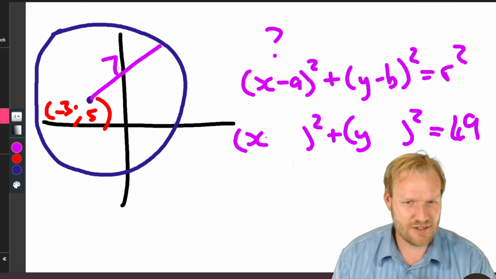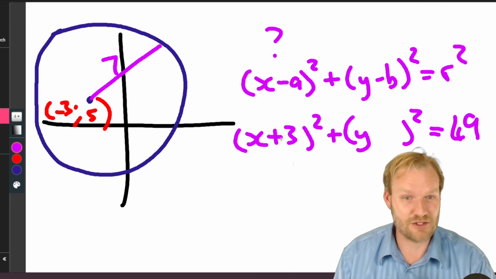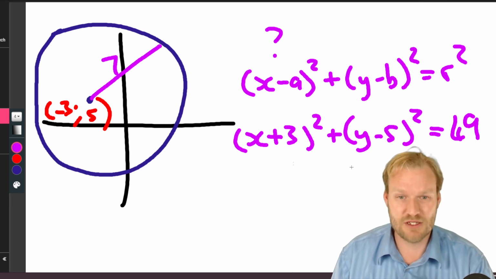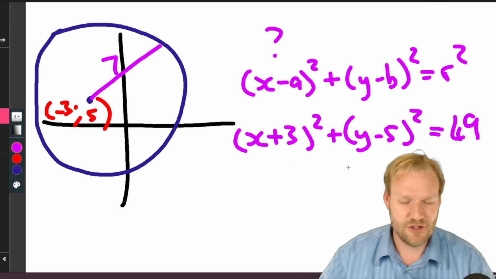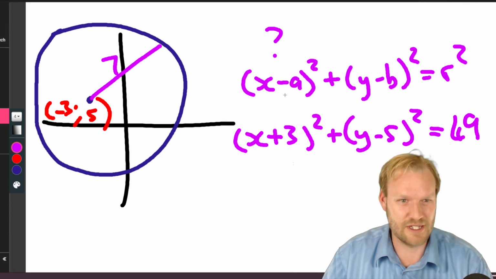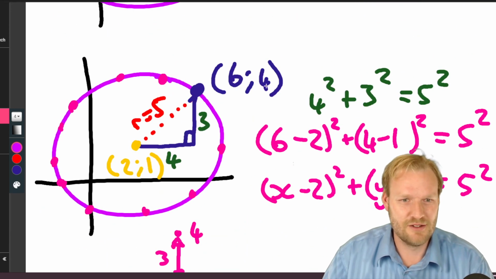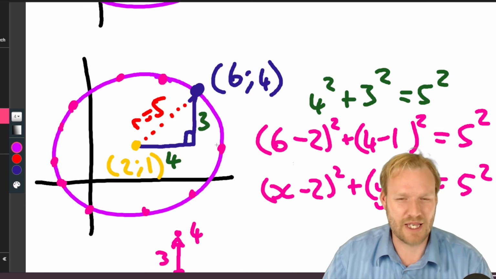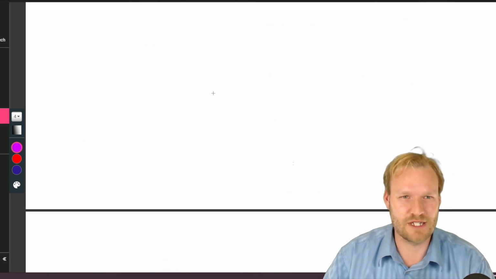Now for x minus, well, we've got to go minus -3, so minus -3 will make it plus 3. Y minus this value, that's 5, so (y - 5)², and there's the equation of our circle. Okay, so that's it for if it's not on the origin. As I said, for now you're just going to use that, but it's interesting to see where they came from, that idea of Pythagoras always coming up.